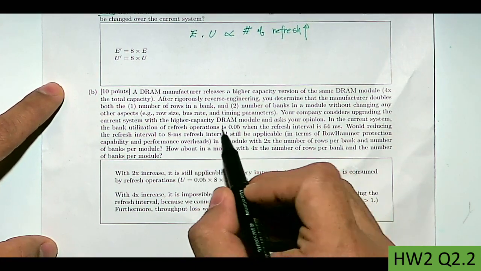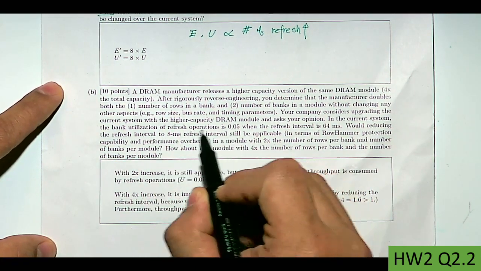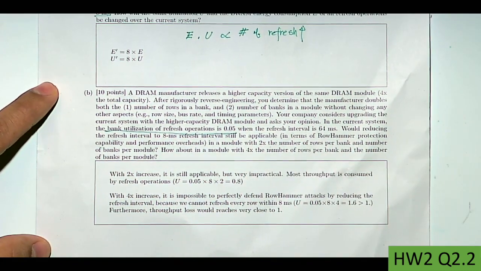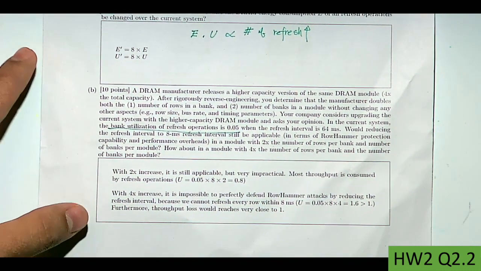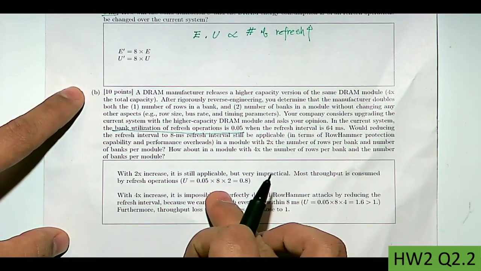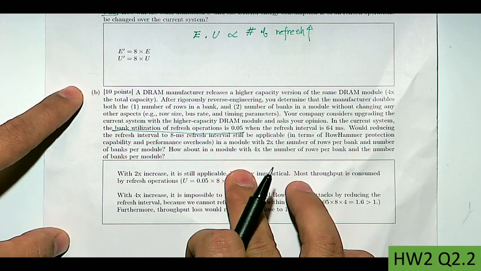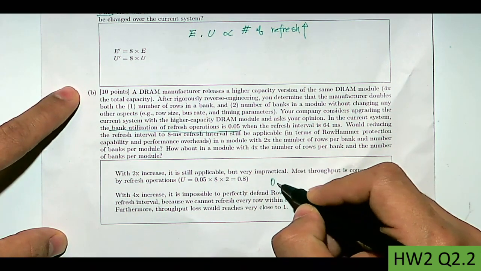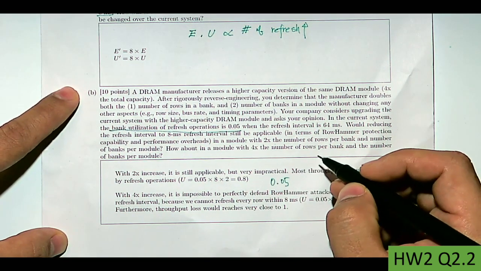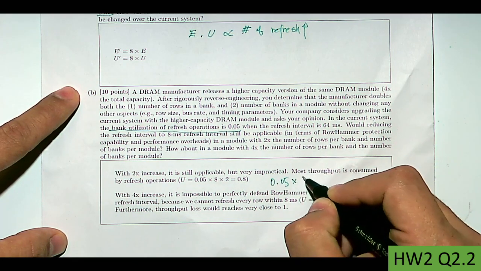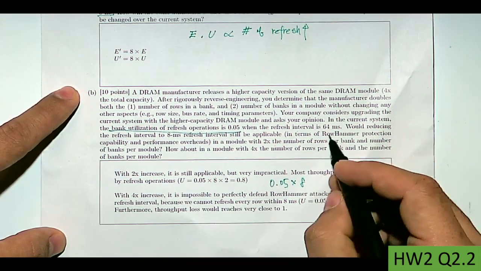So here the current bank utilization is 0.05, 5%. In our calculation, when we decrease the refresh interval to 8 milliseconds, the bank utilization increased 8 times.